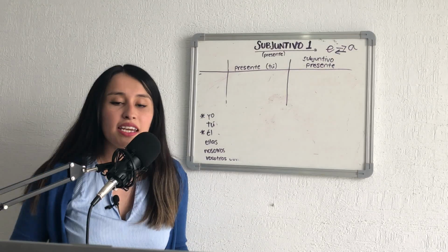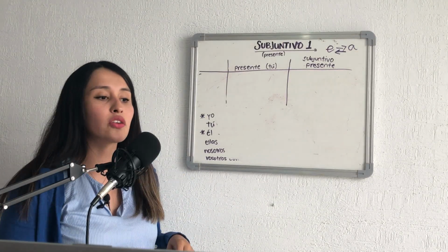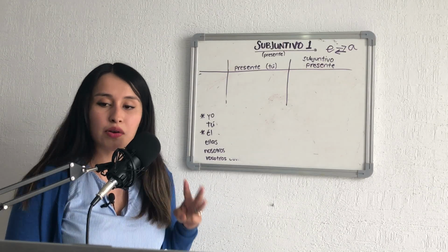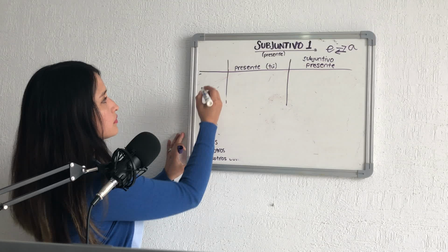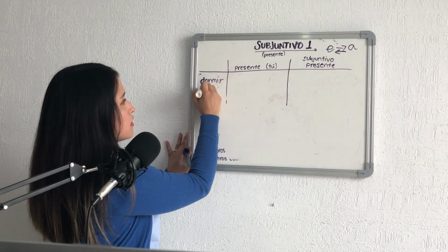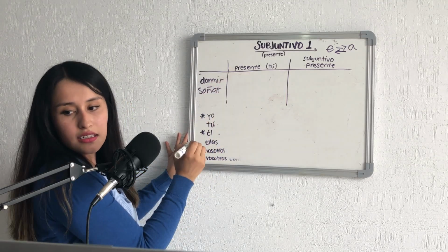So if you have studied Spanish before, and if you have studied the present tense, you know that there are some irregular verbs. So in this case, I just have 3 irregular verbs for you. Dormir, soñar, and poder.